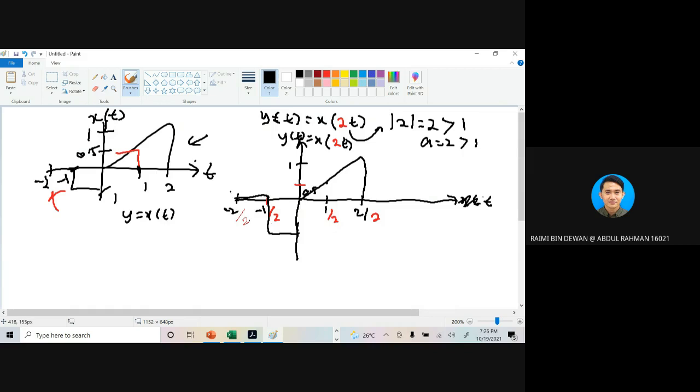If you look into my drawings, they look the same, but I was just trying to demonstrate to you. The real graph would look slimmer, the new signal, because it's time compressed, so it should be like this compared to this one.